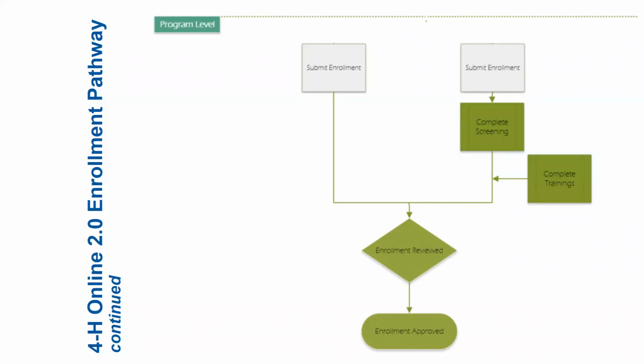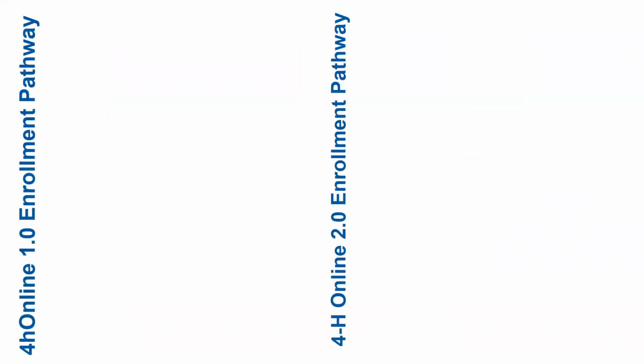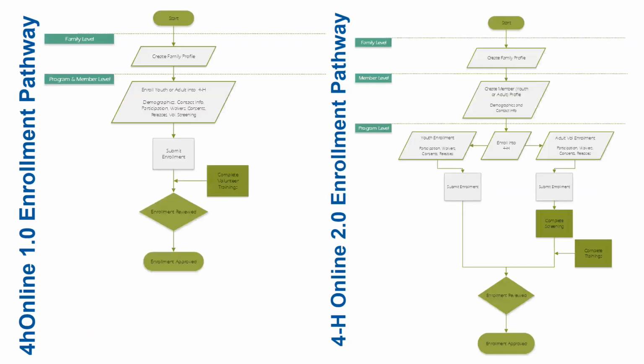County managers review the enrollment information for both youth and adults, and if appropriate, enrollment is approved. Here's an overview of each enrollment pathway for comparison. The new pathway in 2.0 will allow for use of the 4-H online enrollment system in expanded ways.